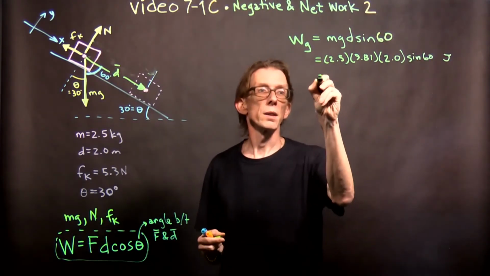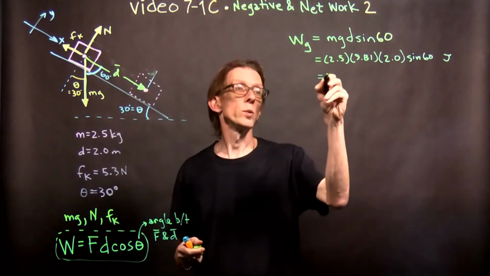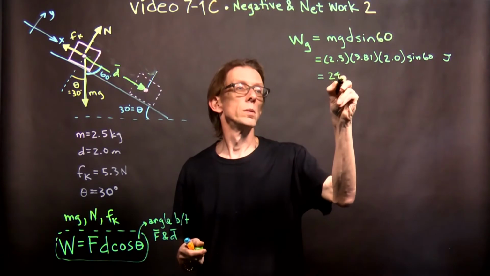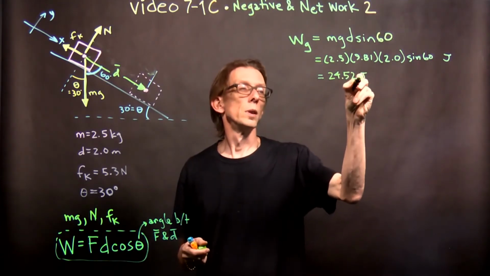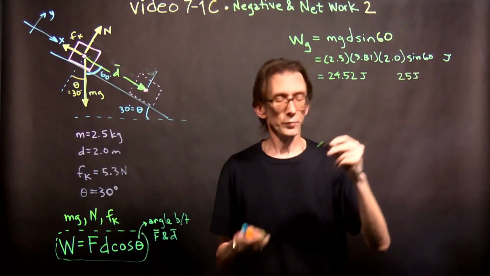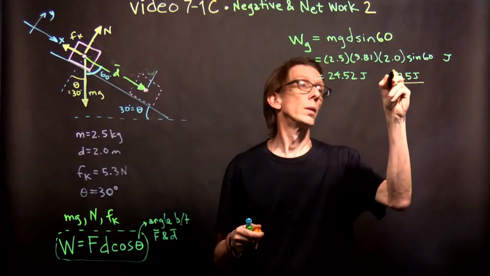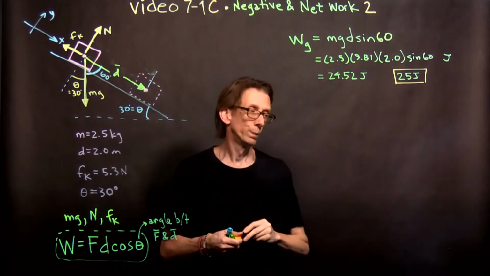And when you crunch your numbers, you get that that's 24.52 joules. Or if you round it, it's going to be 25. That is the work done by gravity.